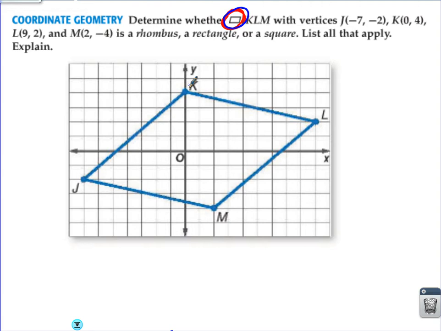The best way to check if this is a rectangle is to check if this is a right angle by using slope. We've got a slope of this side: rise 6, run 7. We have a slope of 6/7. In order for this to be a rectangle, Trace, we'd have to have a right angle right here, right? So in order for this to be a right angle, what would the slope of this line have to be?